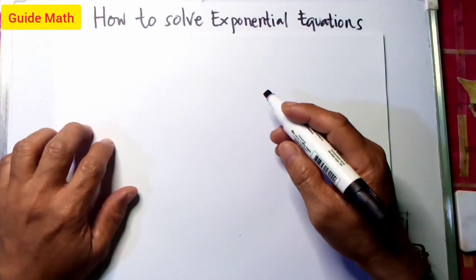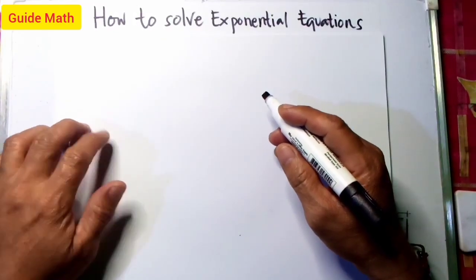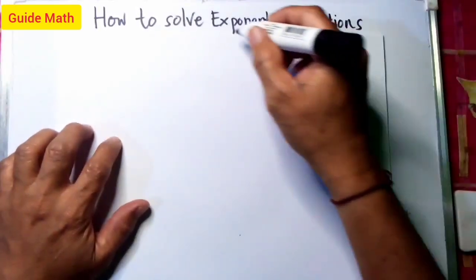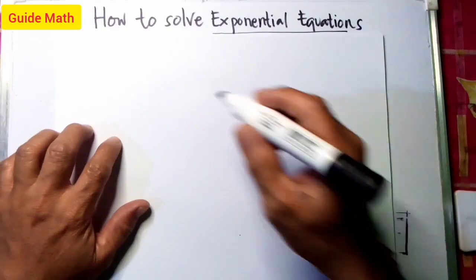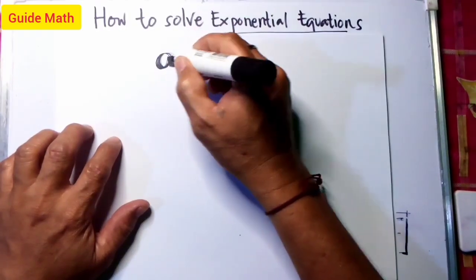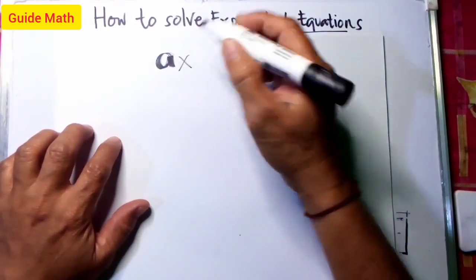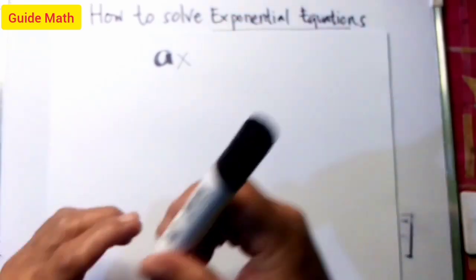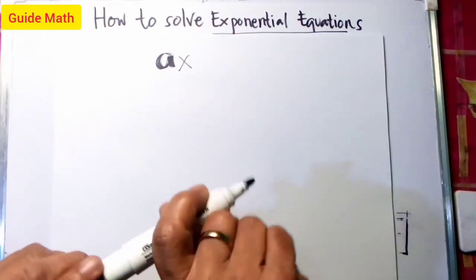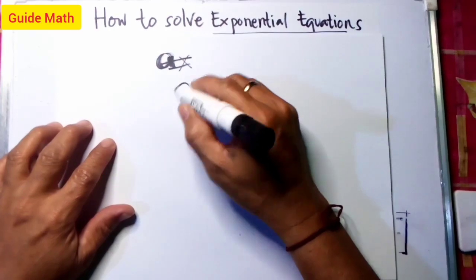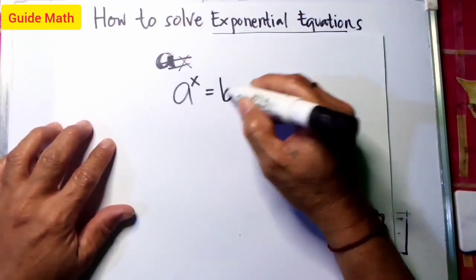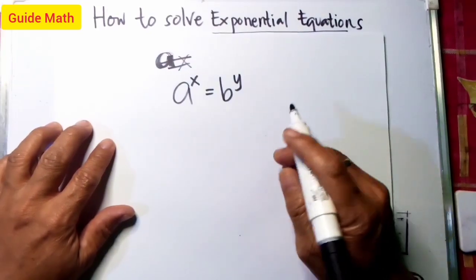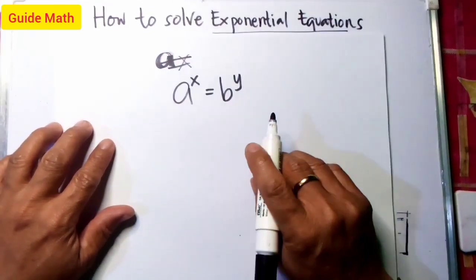For example, we have exponential equations in the form of a raised to x is equal to b raised to y. So this is the form of an exponential equation.